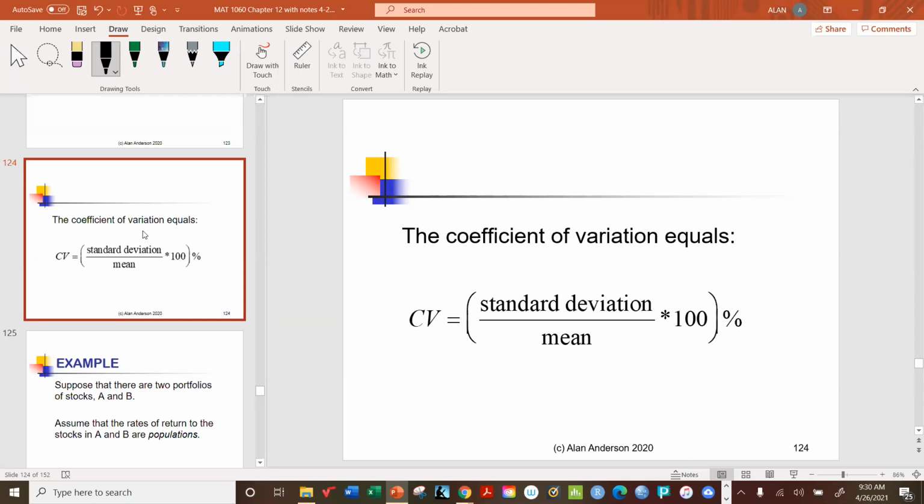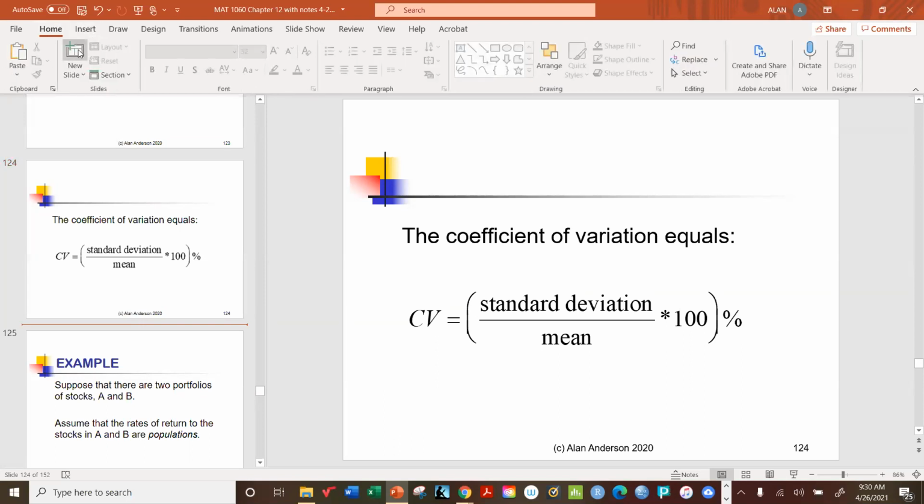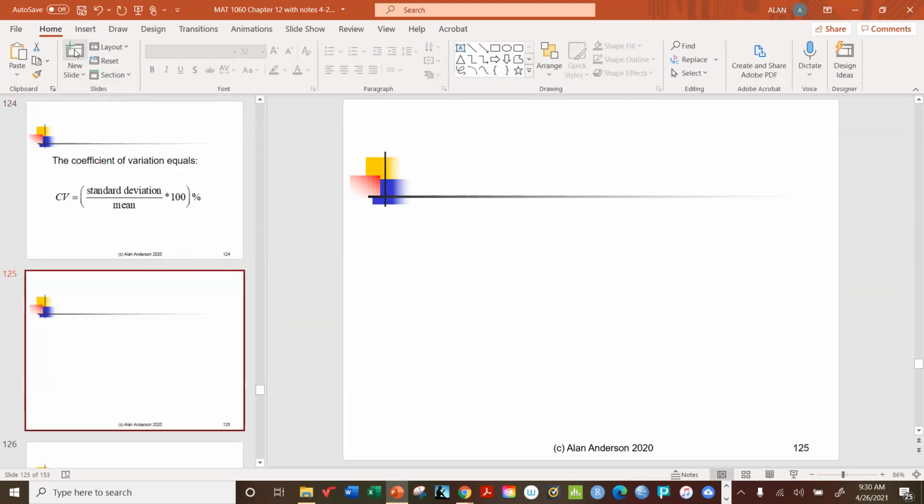All right. So in other words, for the population, well, let's do them both. So if you had a sample, that would be your formula.